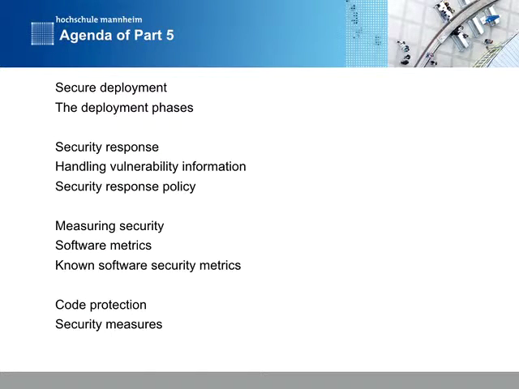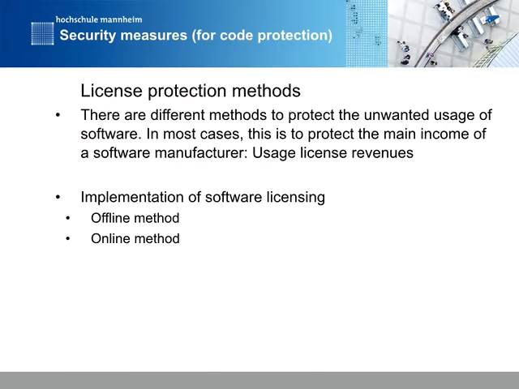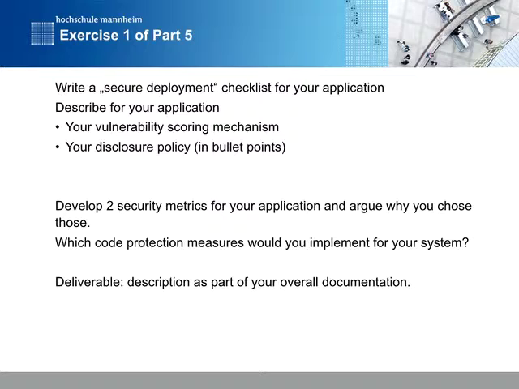Okay, so let me stop here for timing reasons and switch to the exercises. Write a secure deployment checklist for your application. So you have a website that you sell, or an app that you sell.